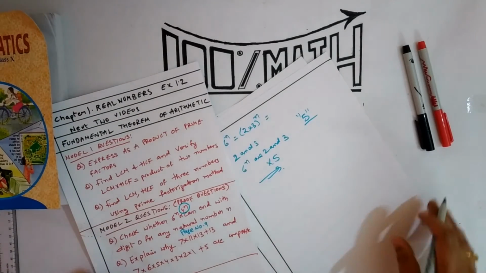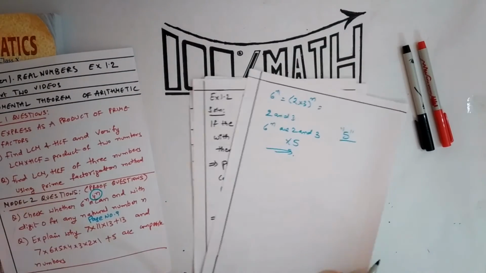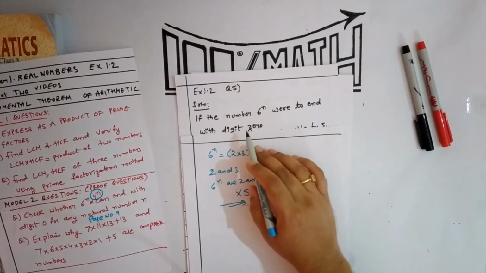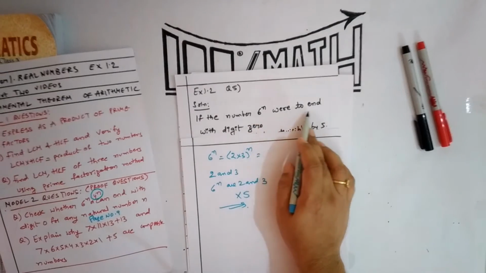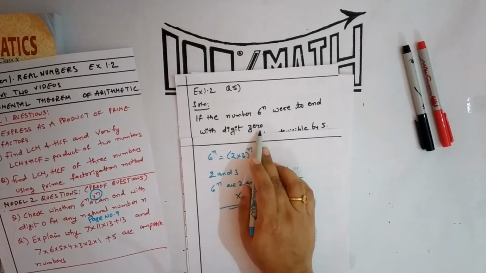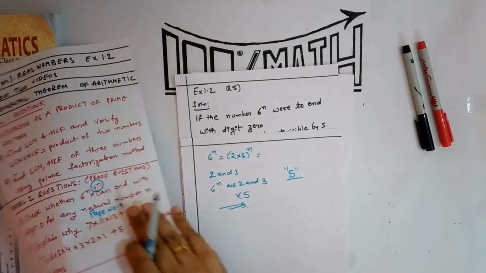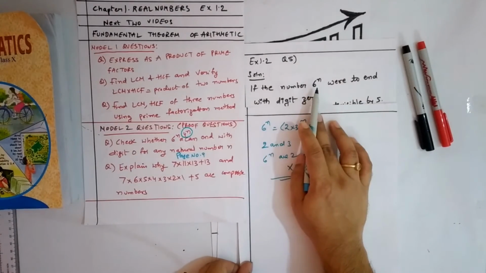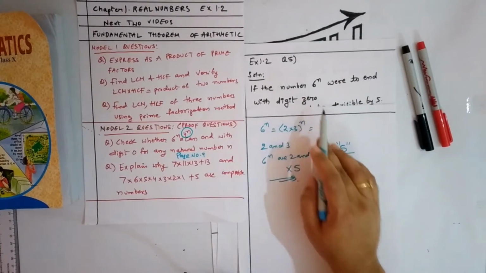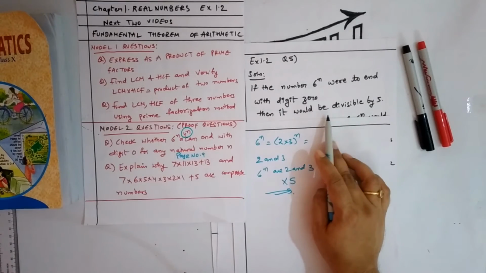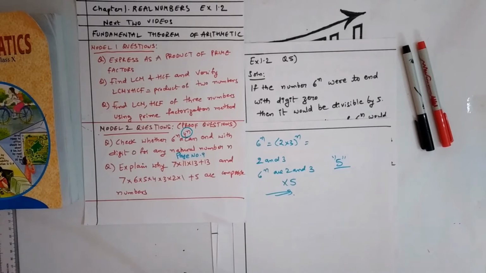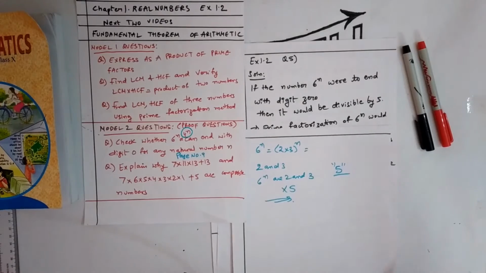But what is the formal way of writing the solution? If the number 6 power n were to end with digit 0, then it would be divisible by 5. The number is divisible by 5, that means 5 is a prime factor of the number.